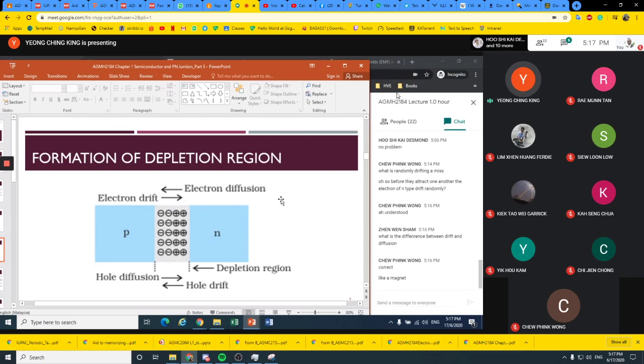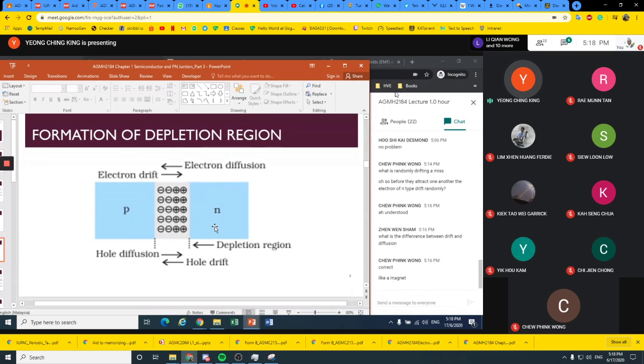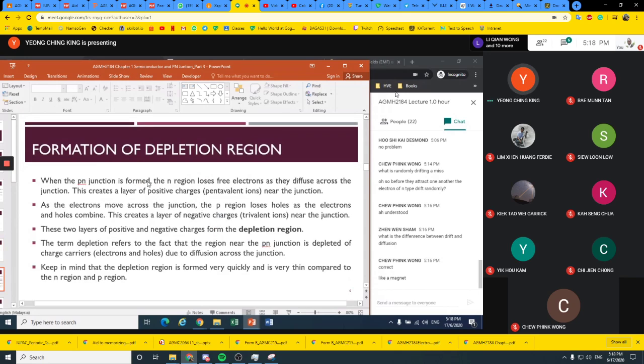Keep in mind that the depletion region is formed very quickly and is very thin compared to the N region and also the P region. Although in this figure you can see it's quite thick, actually it's very thin. The explanation is here, the formation of the depletion region.